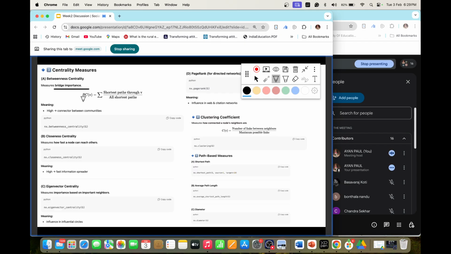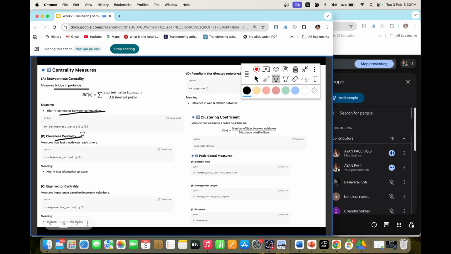By that you get the betweenness centrality. If the betweenness centrality is high, the node is a connector between communities, that is, clusters. So all the clusters are very much connected to each other. That is betweenness centrality.